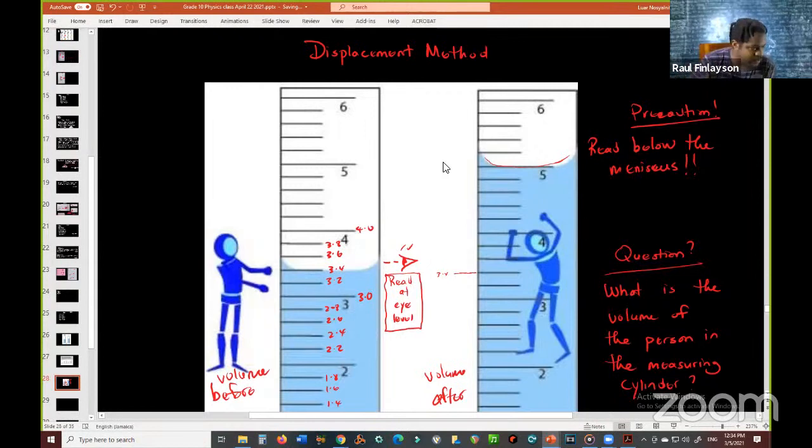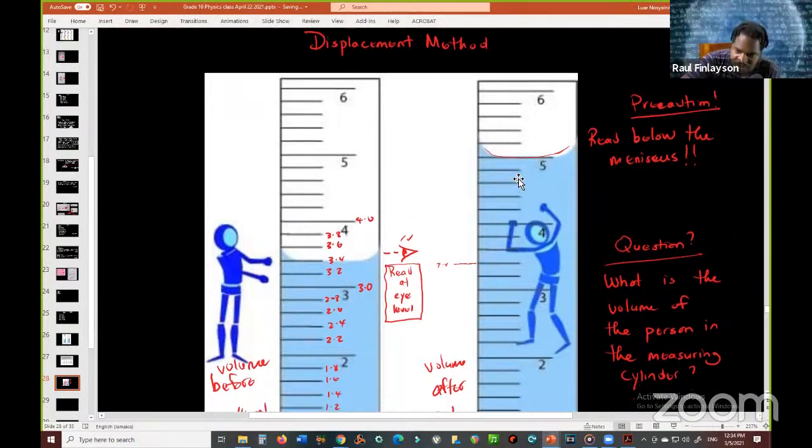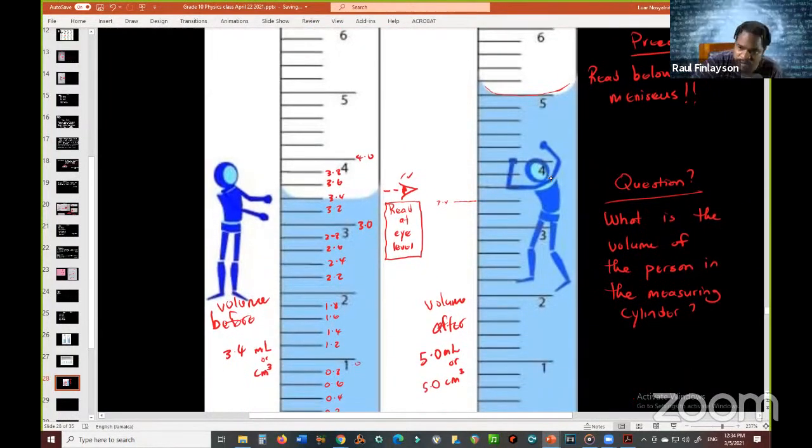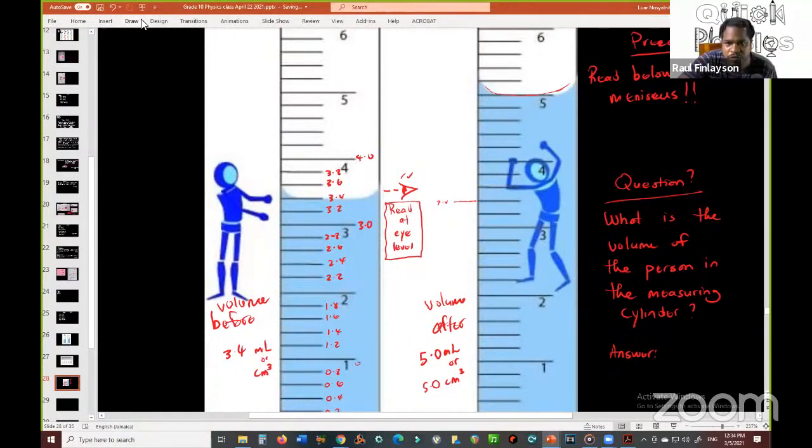When the water rises, it's going to have a new volume, and then what you do is subtract the volume before from the new volume to get the volume of whatever you put in the container. All right, so that's the key here.